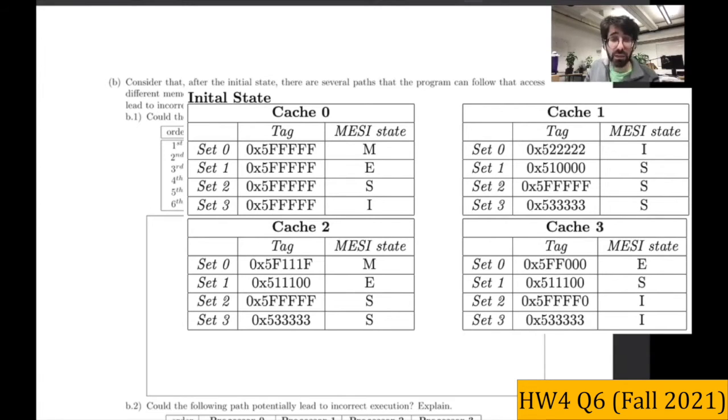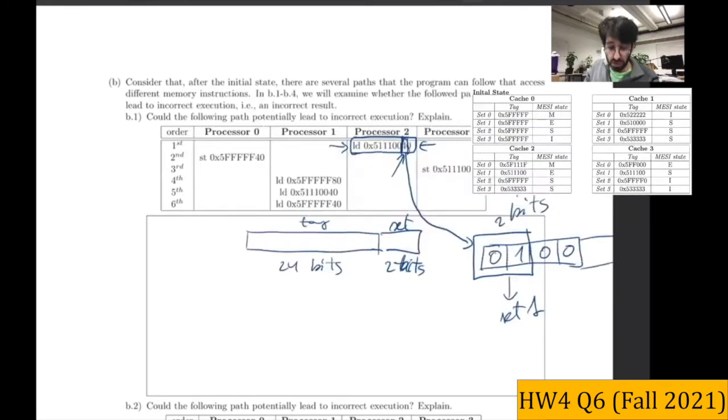And we mentioned before that the initial state could be exclusive or shared. So by reading this data, there is no problem at all, right? Because it wouldn't change if it's in exclusive or shared state. The data should be the same. So executing this instruction should be okay.